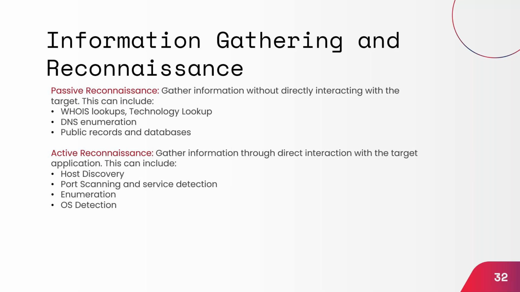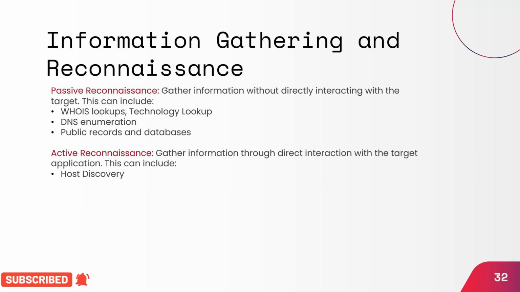When it comes to the network, it starts with host discovery. When they have given the server IP address, or a list of IP addresses for you to perform the assessment, the first thing we do is see whether it is reachable or not.